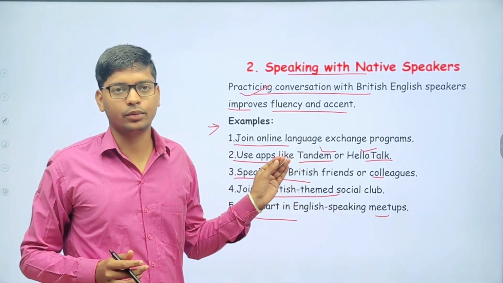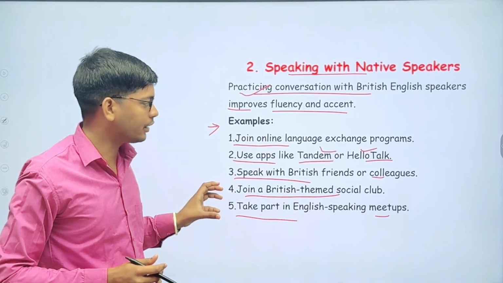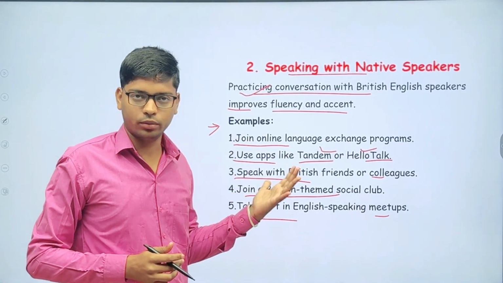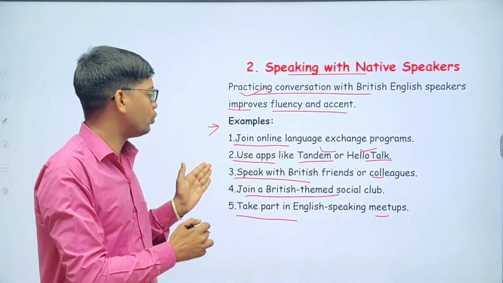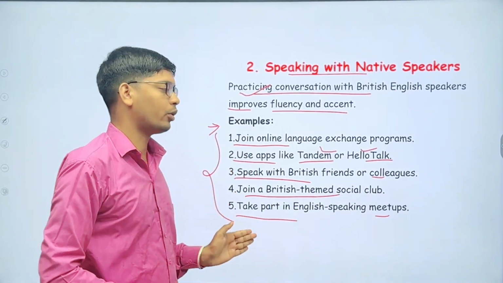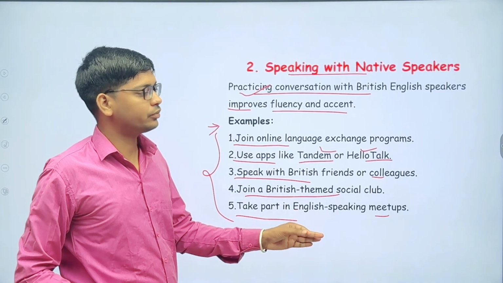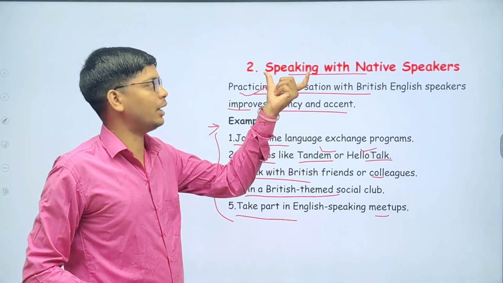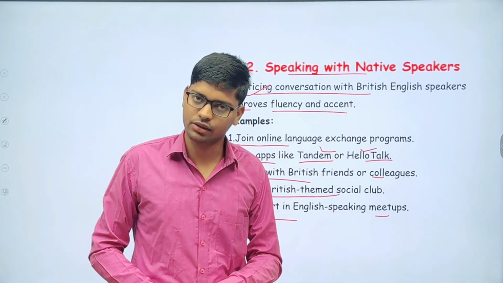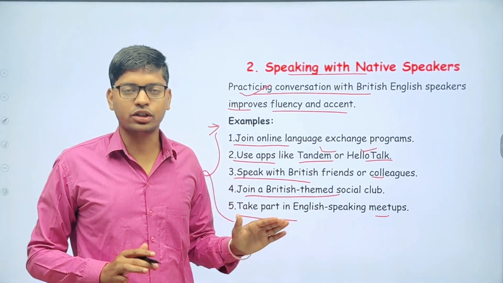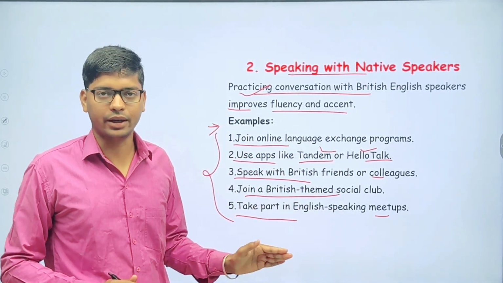You can choose one, two or more. If you use these methods, you can easily fulfill our main method, speaking with native speakers. So this is our second method to learn British English.